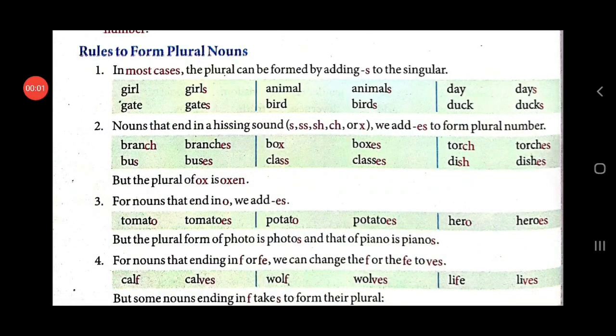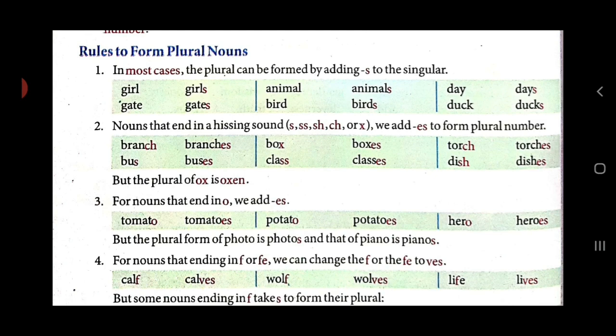In the third point, they are telling that nouns which end with o, there also we add es to make it plural. Tomato, tomatoes. Potato, potatoes. Hero, heroes. But again, one important instruction is given below. See, but the plural form of photo, here also it is ending with o only.